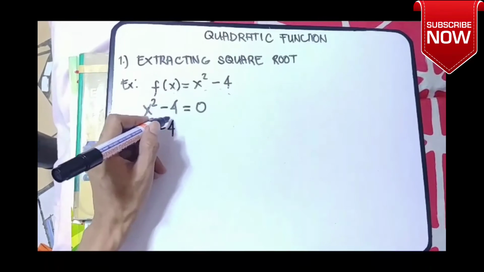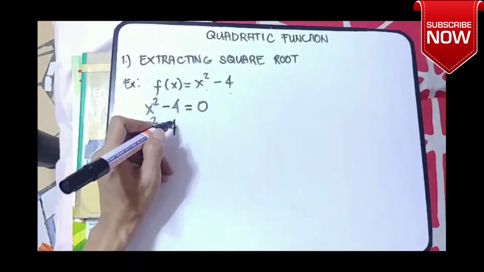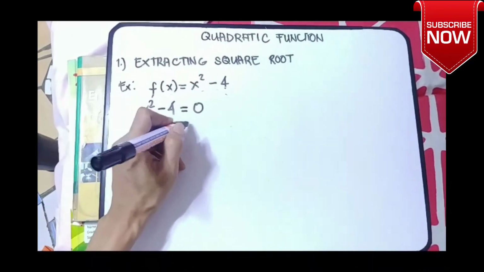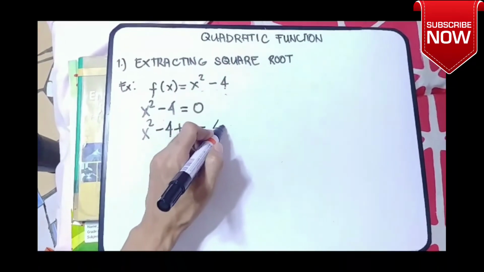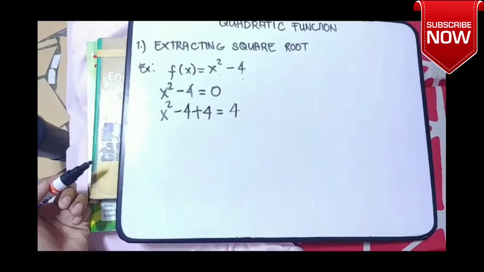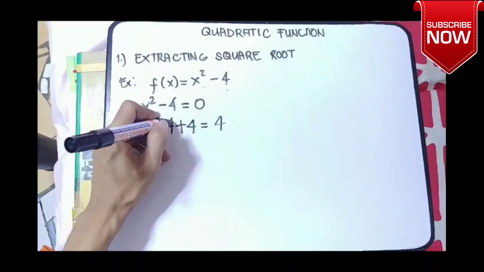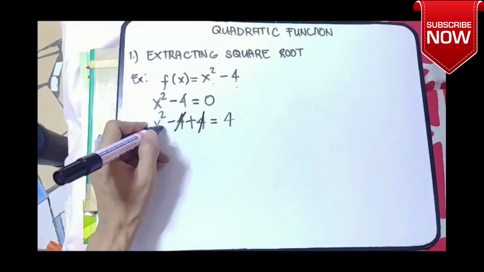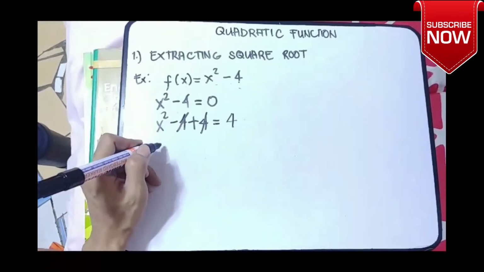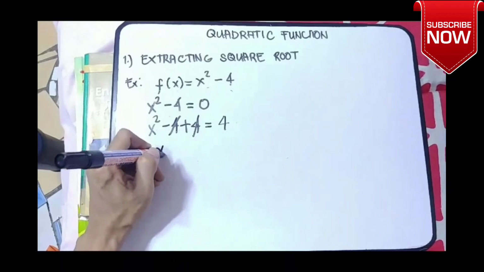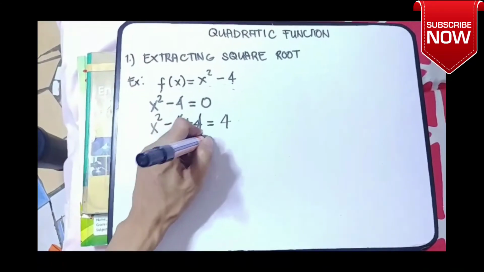Pero this time, ang kopya natin ay yung opposite sign ng constant. So that would be 4 equals 4. So in this case, cancelled na si 4 kasi negative 4 plus 4 equals 0. So kaya yung equation ay magiging x squared is equal to 4.